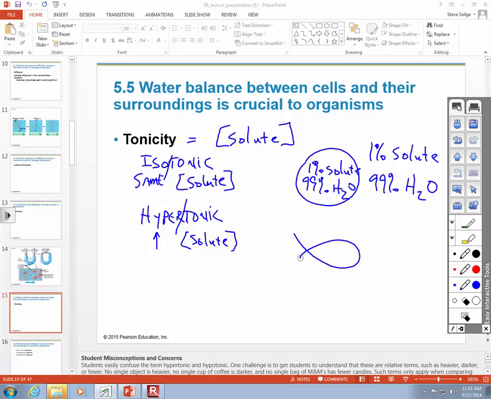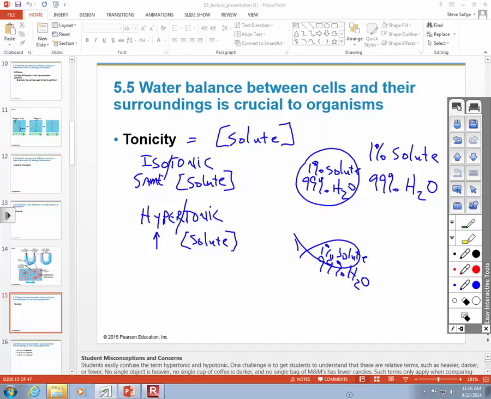So we have a fish, let's say, for example. This fish is a 1% solute. That means it's a 99% water. Now these are bony fish as opposed to something like a shark, stingray, manta ray, a whole bunch of rays out there, electric rays. We can go on with that.